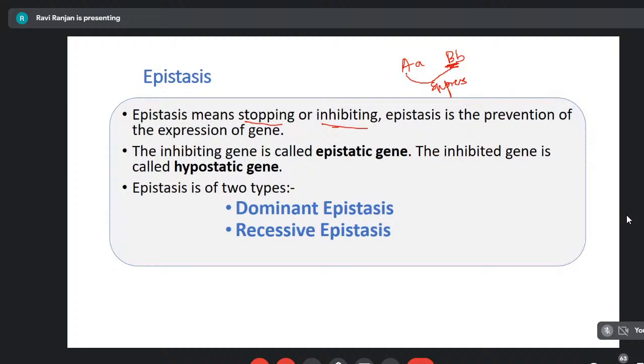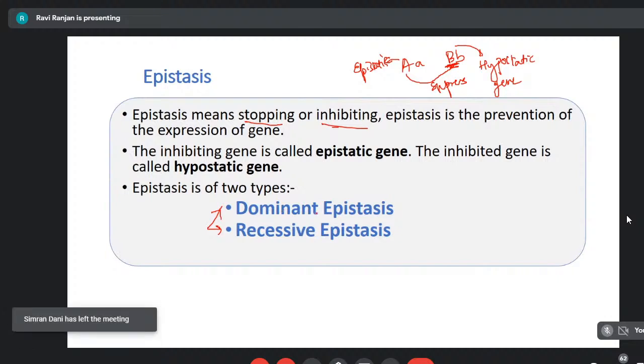The gene which is inhibiting, in this case A inhibiting B, is known as the epistatic gene, and the gene whose expression gets inhibited is known as the hypostatic gene. This epistasis can be majorly classified into two types: dominant epistasis and recessive epistasis. Dominant epistasis is when the prevention of expression of a gene is by a dominant gene.